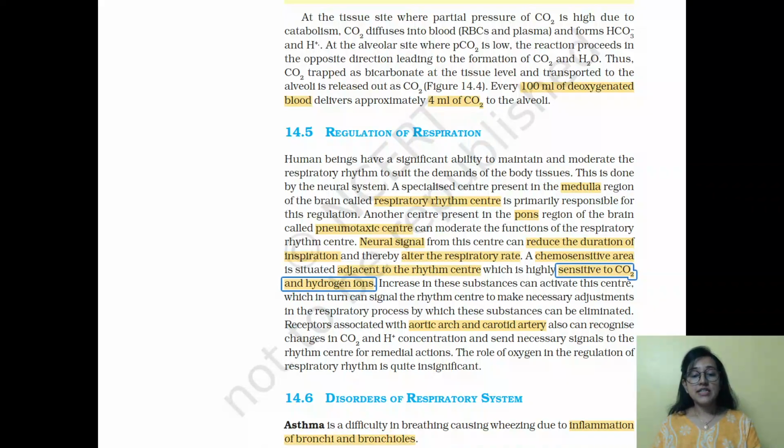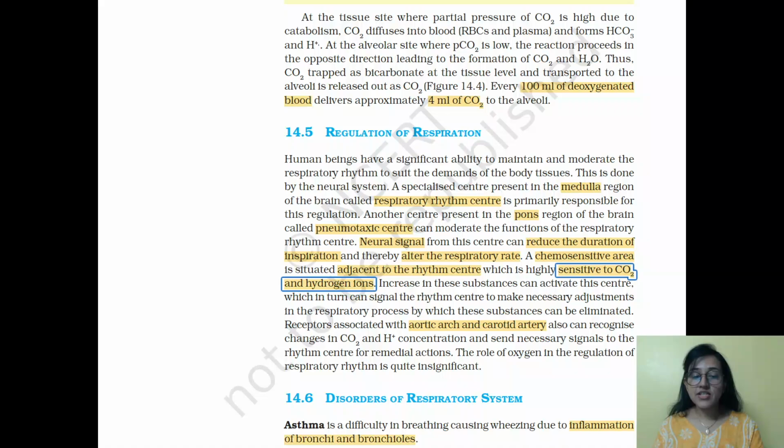So, an increase in these substances. What are the substances? Carbon dioxide and hydrogen ion. An increase in these substances can activate this center. Which center? A chemosensitive center which is located adjacent to the rhythm center in the medulla region.